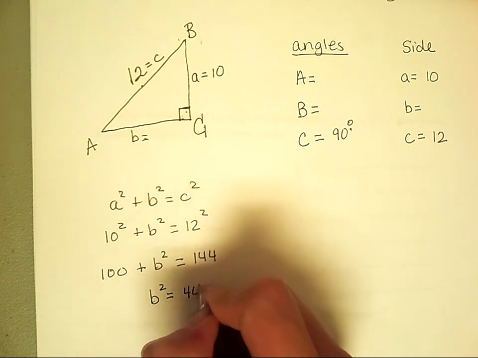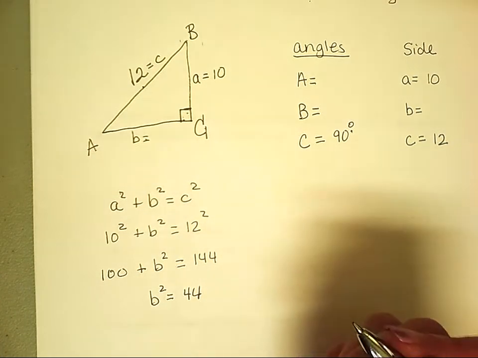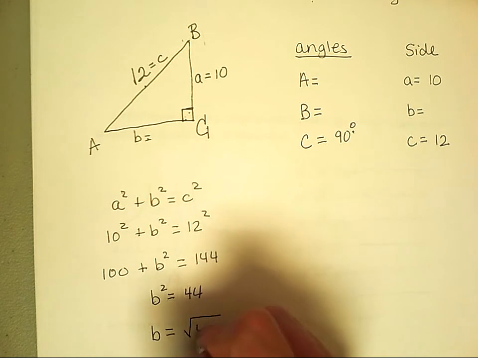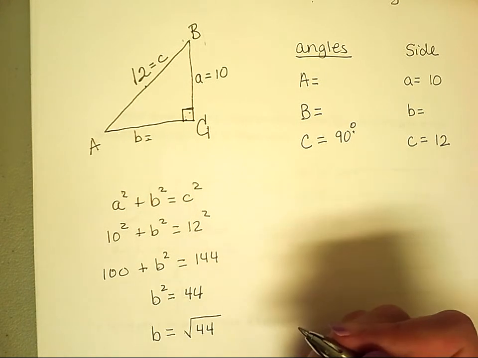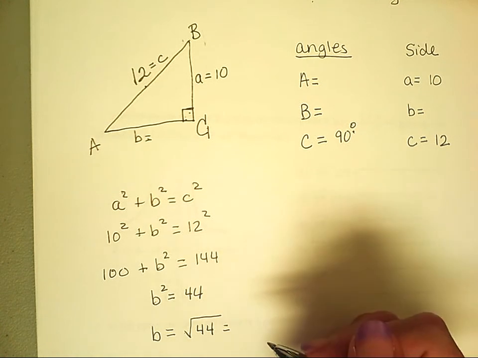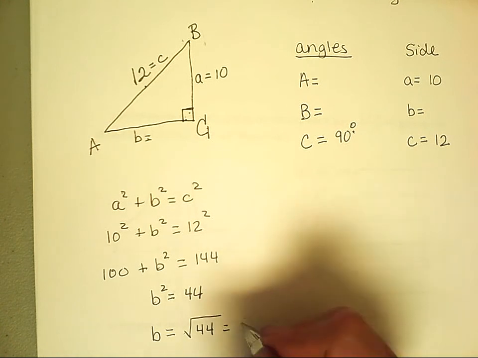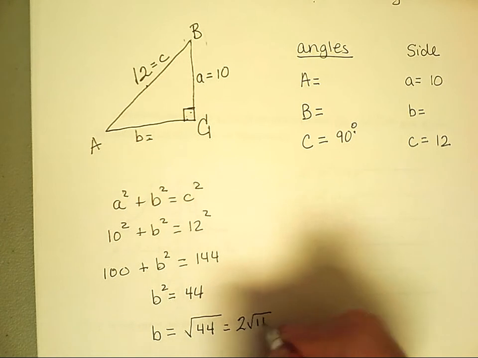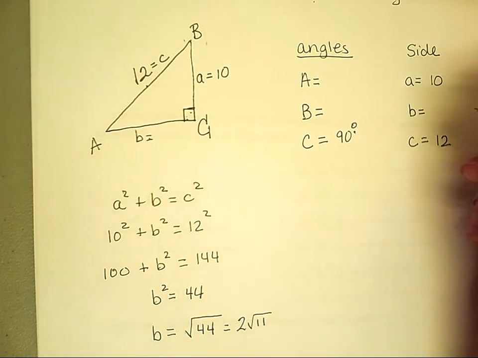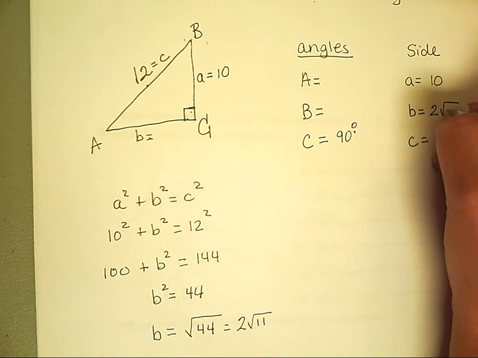So b squared is equal to 44. So b must be equal to, we'll take the positive root of 44, which we could reduce to 2 roots of 11. Okay, so 2 roots of 11.